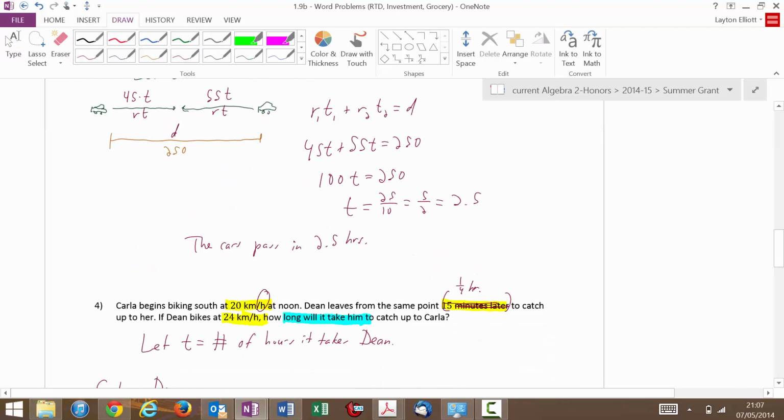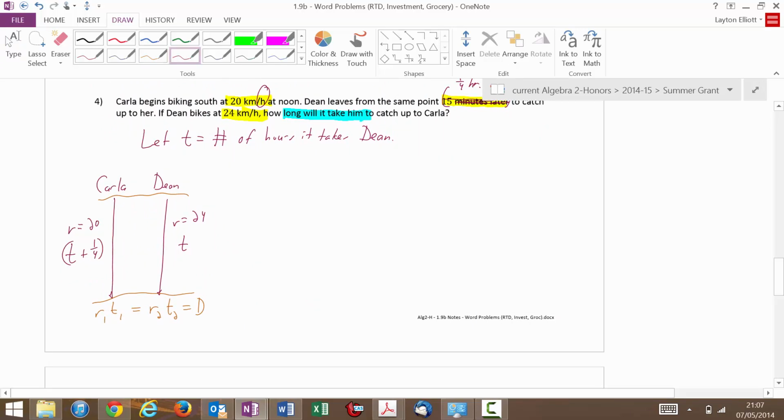Now another thing I might put here is that you notice how Carla has a slow rate, but gets more time, whereas Dean has a bigger rate but less time.